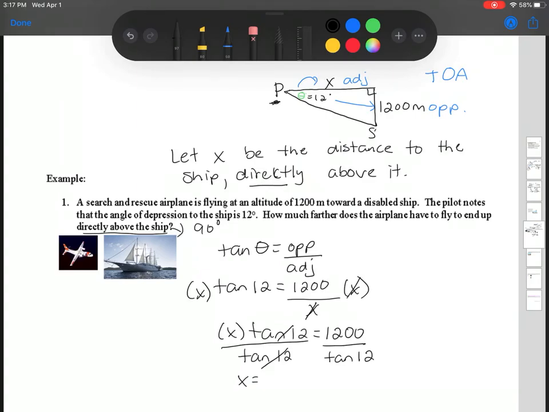So again, you can type tan 12 into your calculator first, or you can do 1,200 divided by tan 12. Okay, you get an answer there, and then of course make sure you write an answer statement.